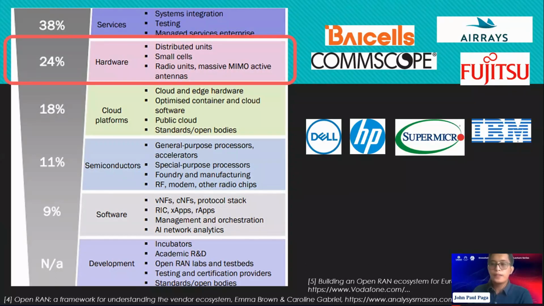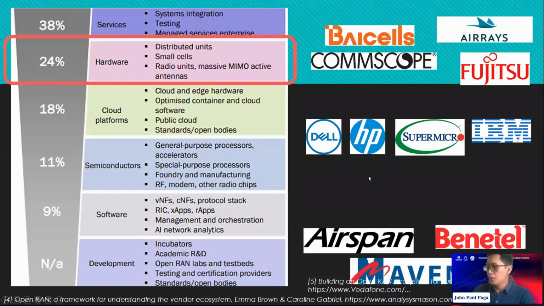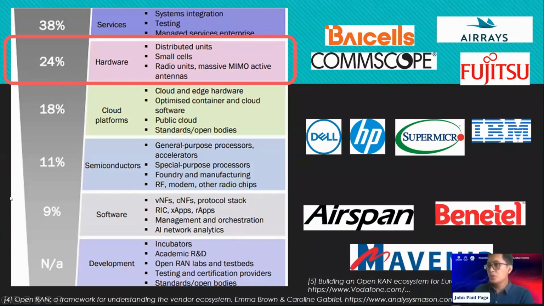And also for small cells, if we need a simple lab, or if we want coverage on a specific room or location, we can deploy a small cell there.